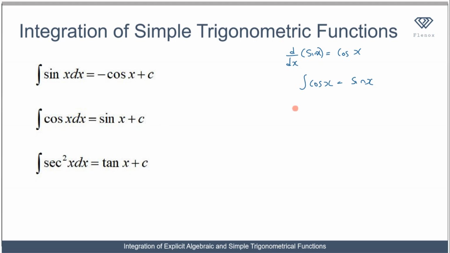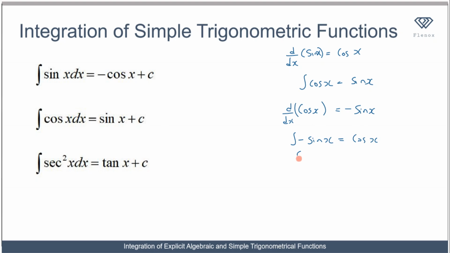Now let's move into the next function. We have d over dx of cos x. I told you that when you differentiate cos x, you get minus sine x. So when I integrate minus sine x, I get cos x.